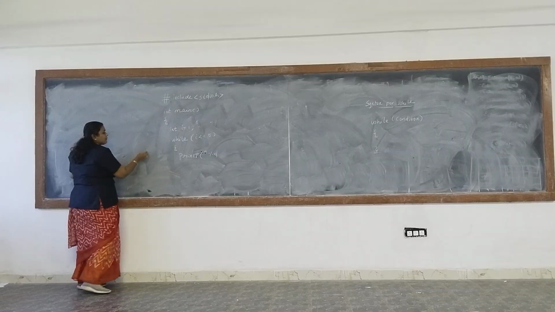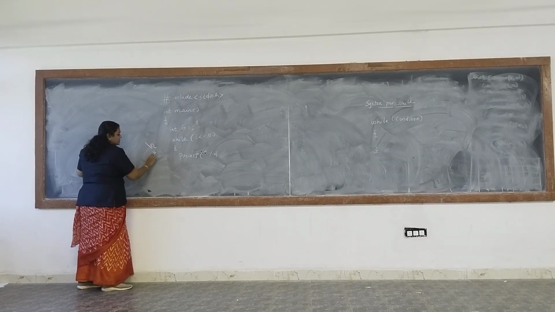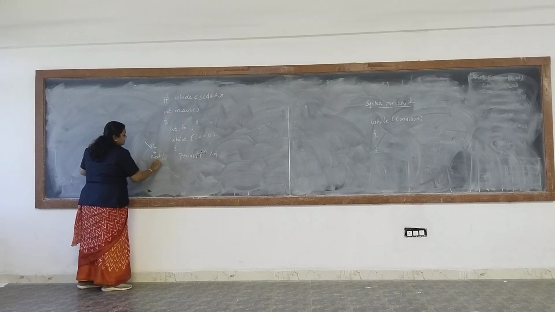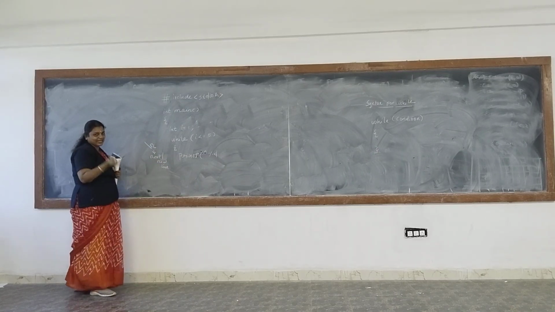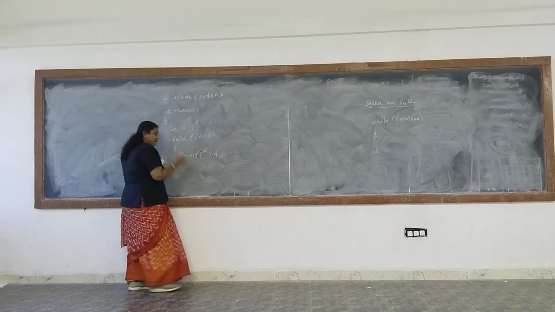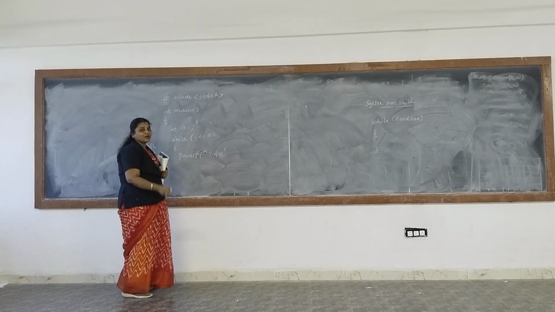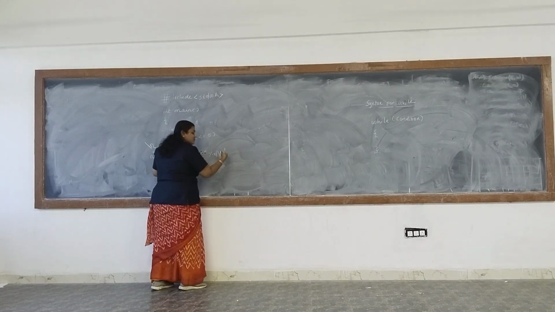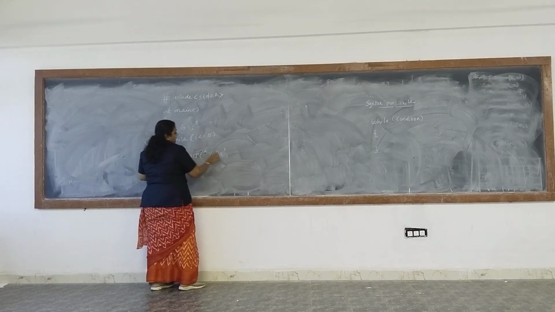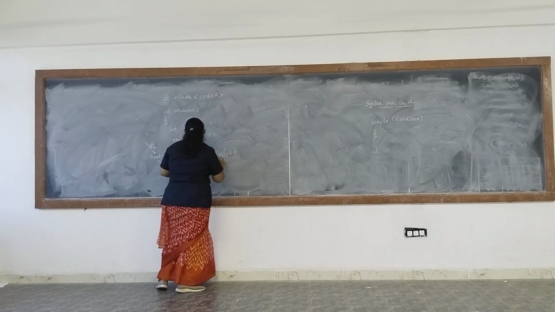And one more thing, if you are giving \n for the next line, that is new line. If you want the output on the next line or new line, you have to mention \n within the code, because here C is case sensitive and the value which is going to be printed is i. Okay, so ending here.